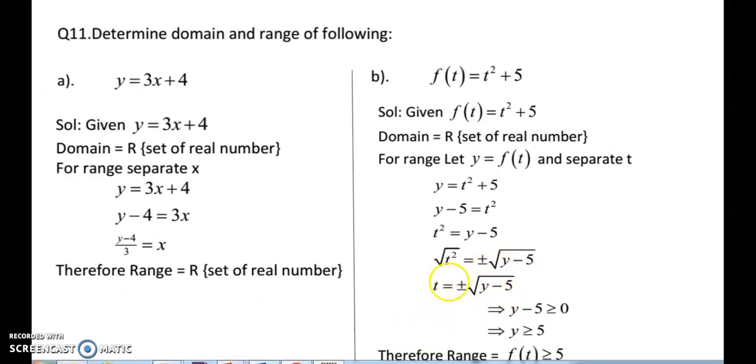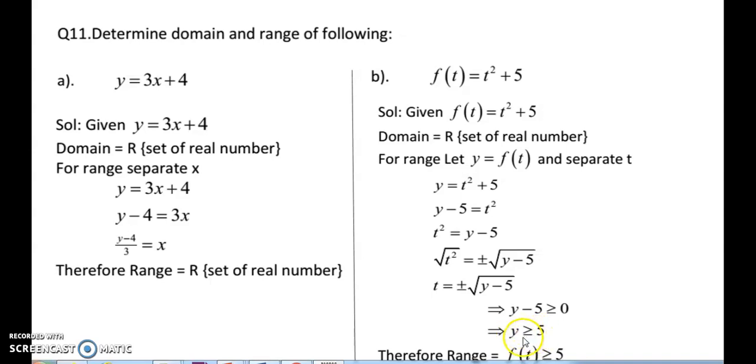Since y is involved under the radical, you have to apply a condition, that is y minus 5 greater than or equal to 0. Why? Because you won't get a negative sign under the radical. So the values of y will be greater than or equal to 5.